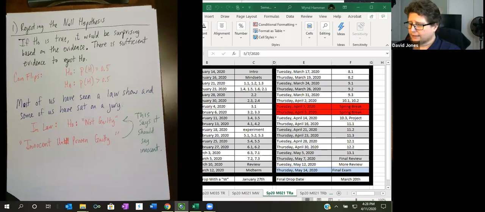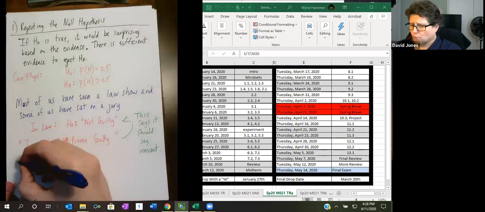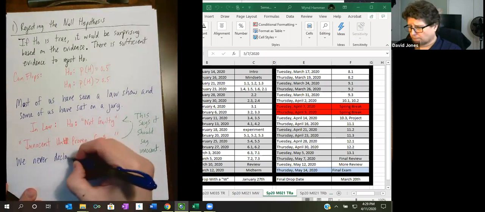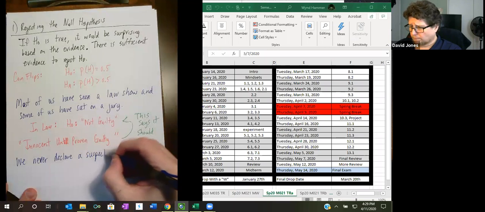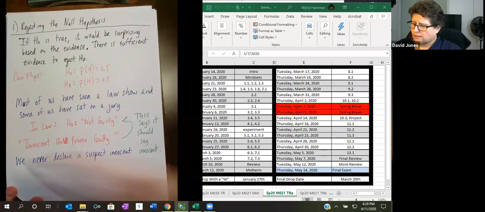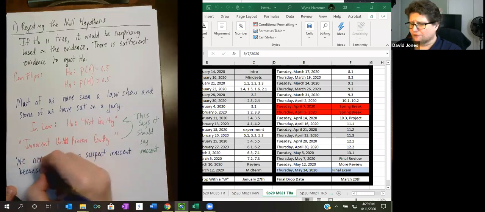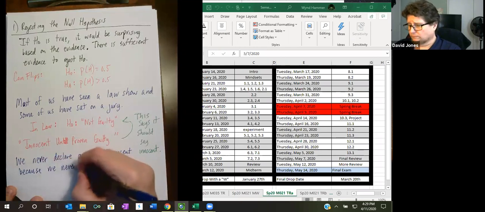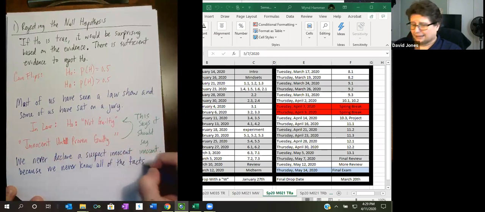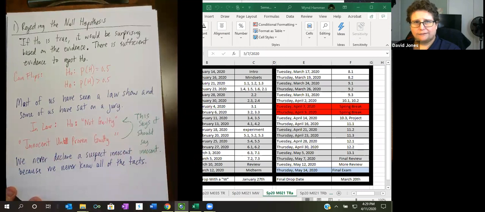The reason why we never declare a suspect innocent is because we never know all the facts, unless the entire jury sat there and watched the whole event unfold, which would make them unqualified to be a jury because they were witnesses.